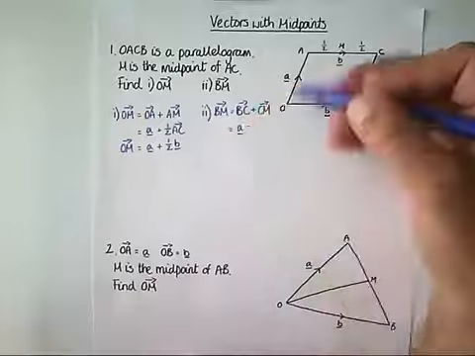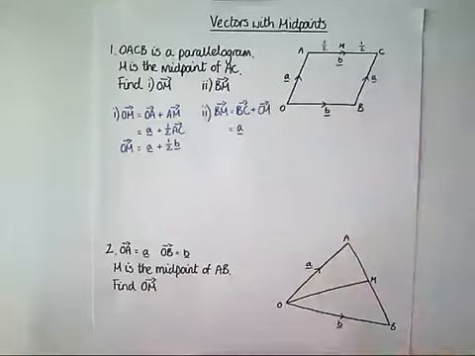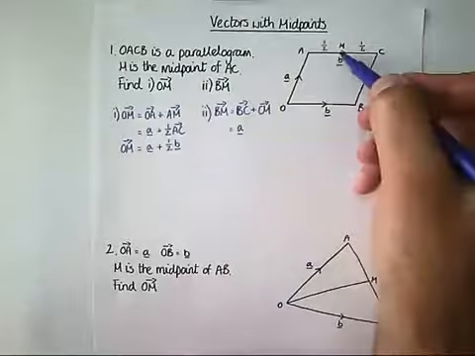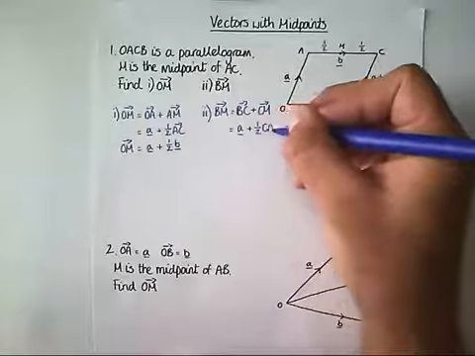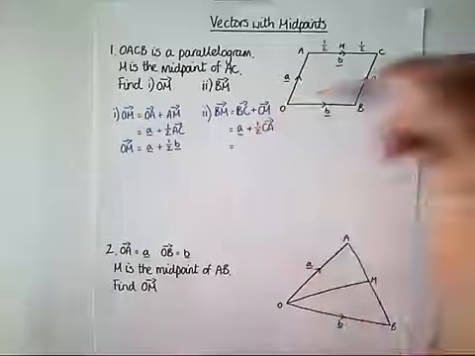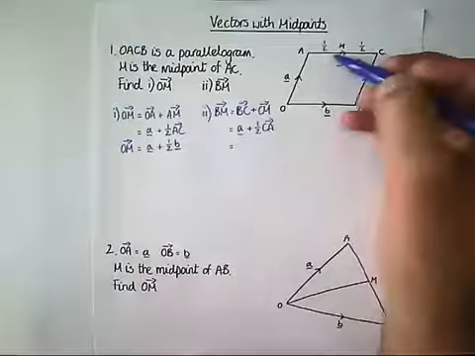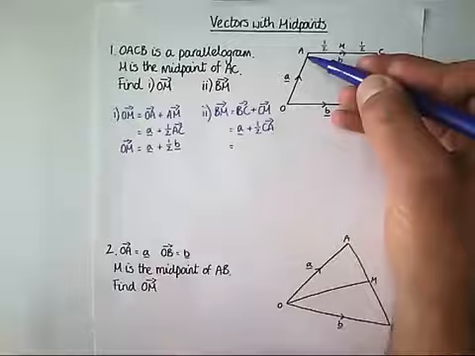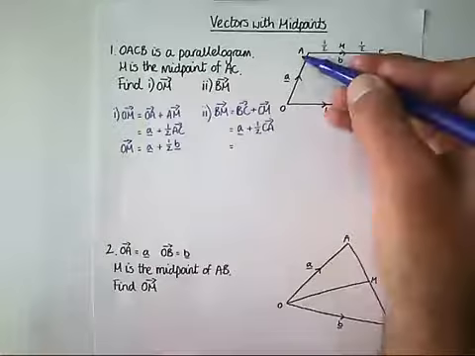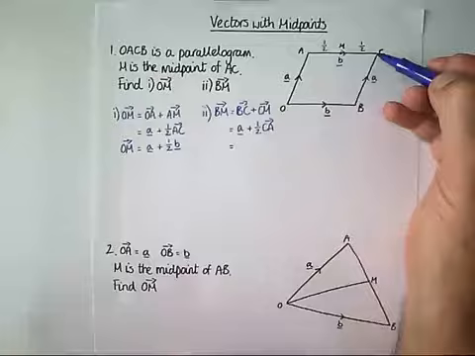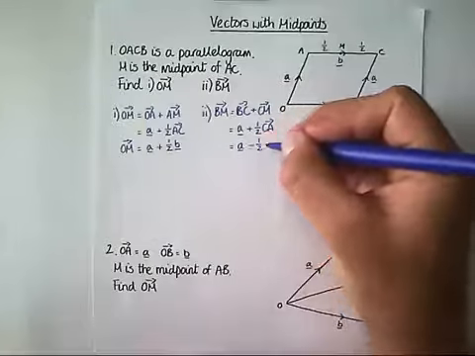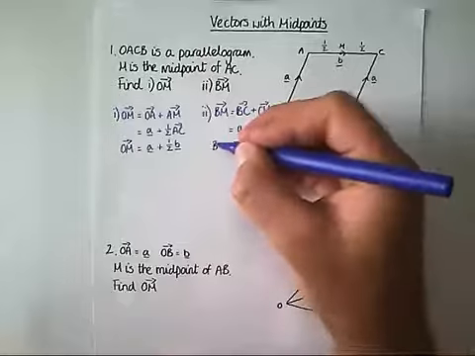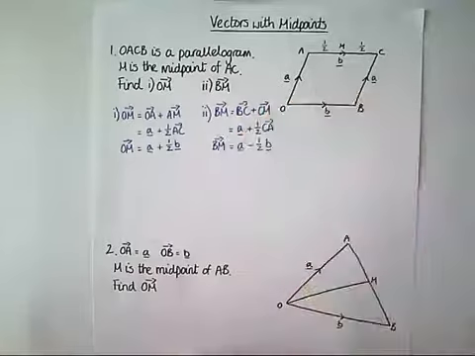These two are parallel, so they have the same vector, parallel and the same length. Then C to M is going to be half of what C to A would be, which is the same length as b, but in the opposite direction. So C to A would be minus b, therefore C to M is going to be minus half b. So we're going to get a minus half b, and that is our vector of B to M.